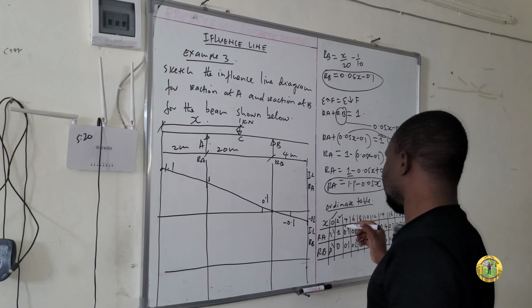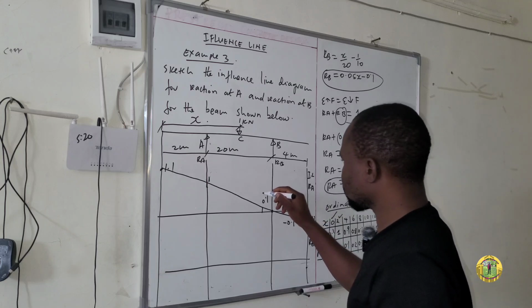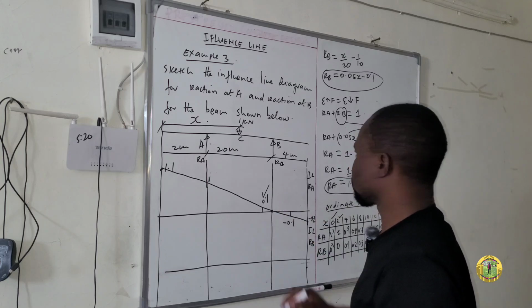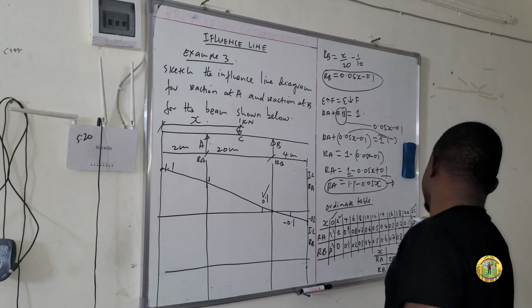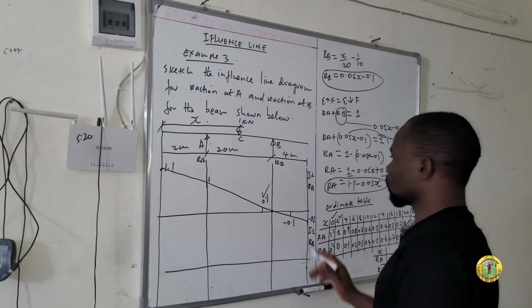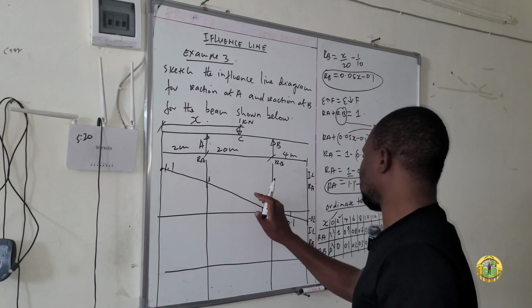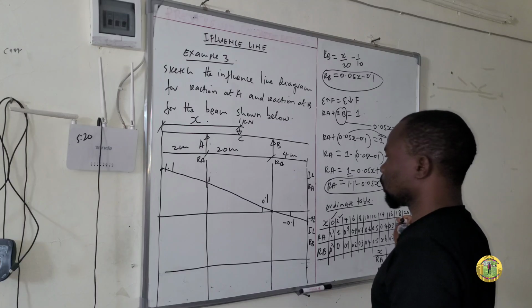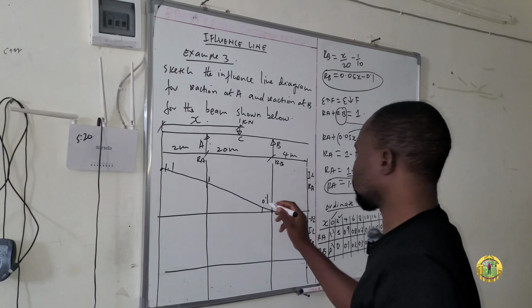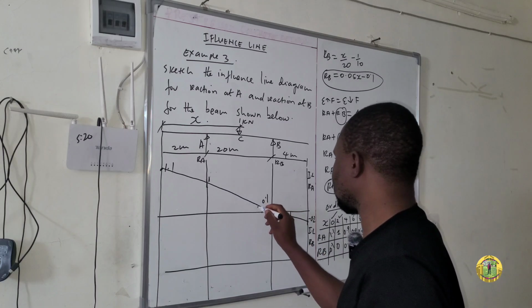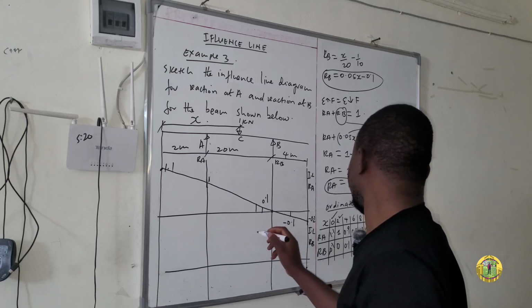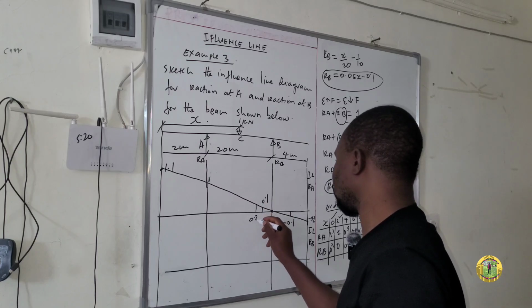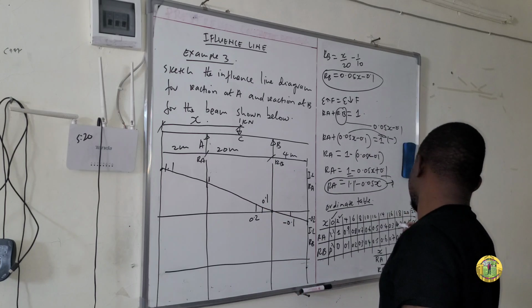This one is done. And then you come to 18. 18 is somewhere here. And 18 is 0.2. Done.